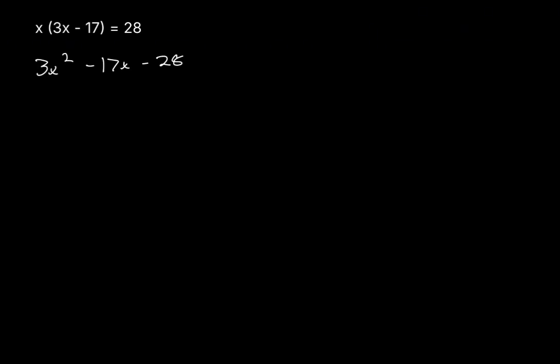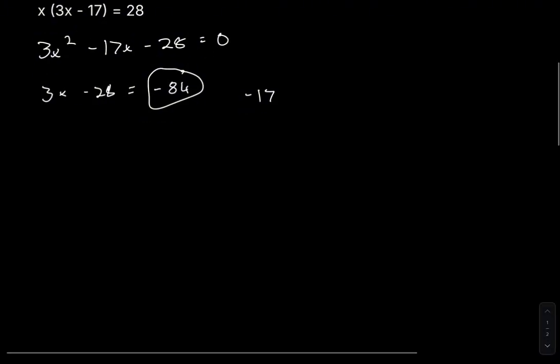So to do that, we're going to do 3 times negative 28, which is equal to negative 84. And then we need to use this value here and we need to find something that can multiply to this negative 84 and then add together to be negative 17, okay? So we need, once again, one positive, one negative. So for this one, you can go through your methods.